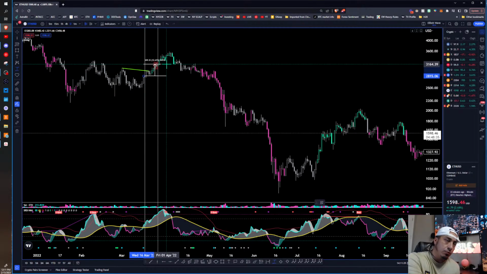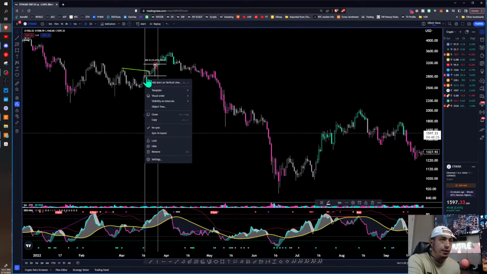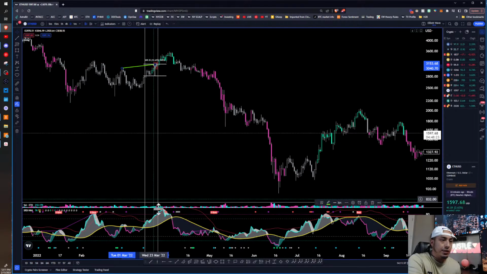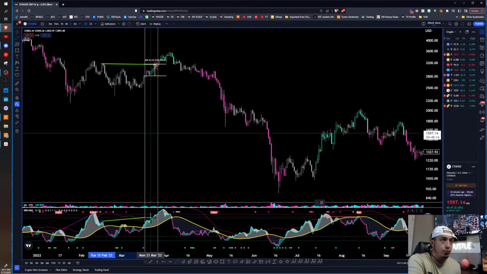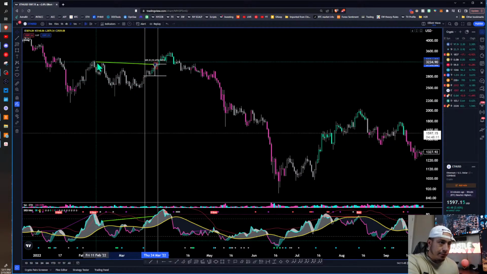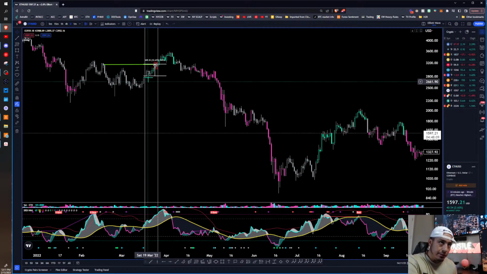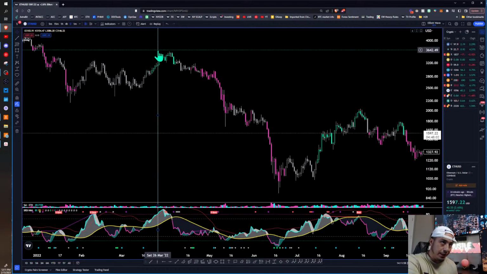Some people might be a little worried about that, especially seeing a hidden divergence from there to there. Oh shoot, wrong side. So that wasn't a hidden divergence, my fault. But whatever divergence you're seeing and you're all worried, that band can help you gain some confidence to enter, although price already kind of ran away.